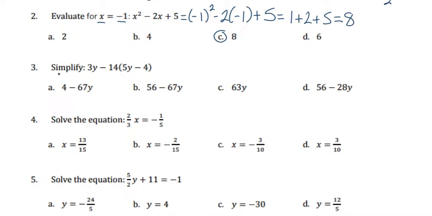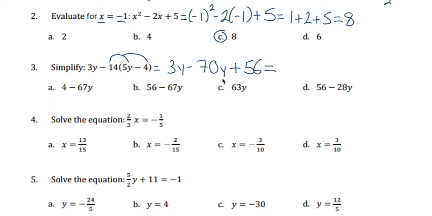Number 3 asks, simplify 3y minus 14 times 5y minus 4. The first step is to distribute the -14. We will have 3y minus 70y plus 56.